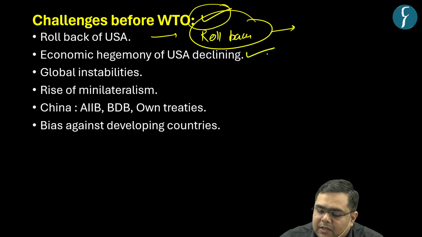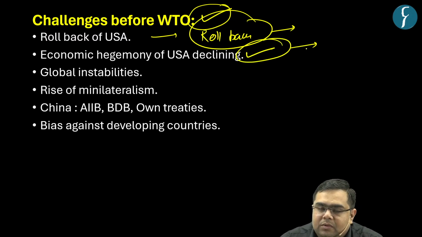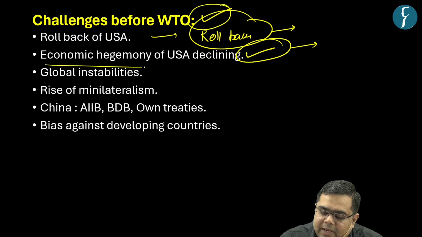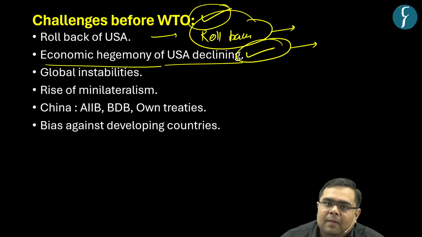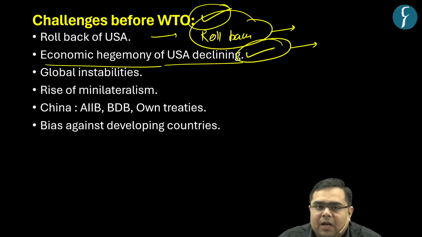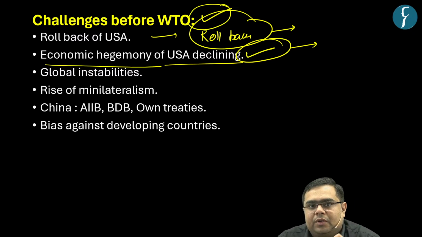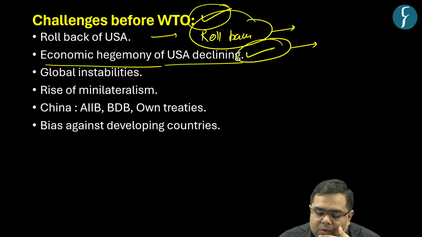Then again, what are the challenges? Since the economic hegemony of USA is declining, it has led subsequently to recession or secession from the global institutions. Why? Because these institutions used to be the extended arm of making their own foreign policy. For example, a very famous Prussian scholar, Clausewitz, used to say that war is the continuation of politics by other means.